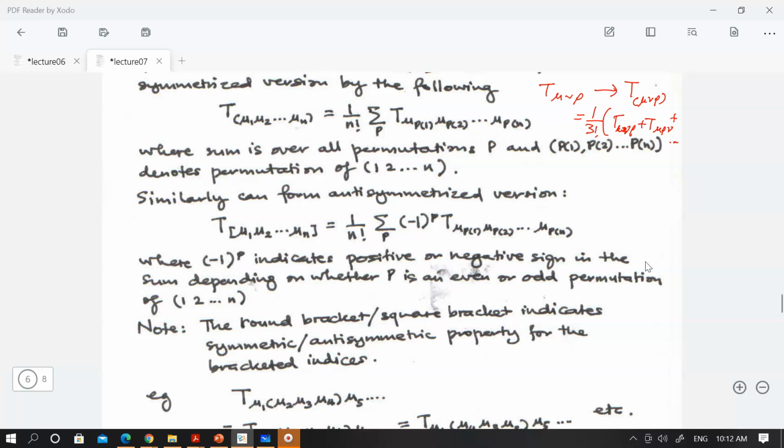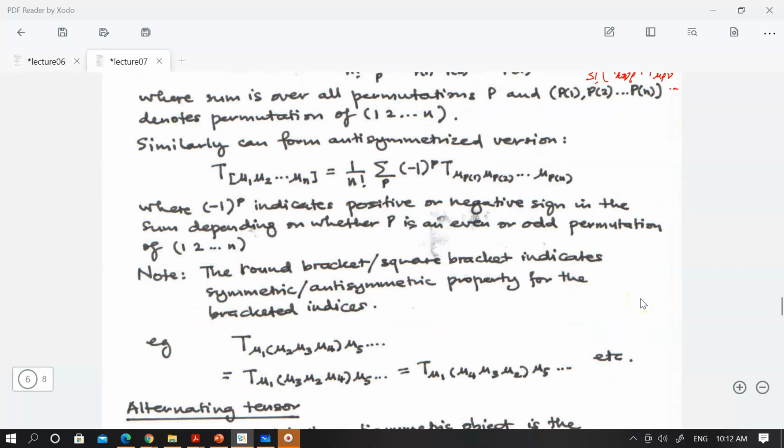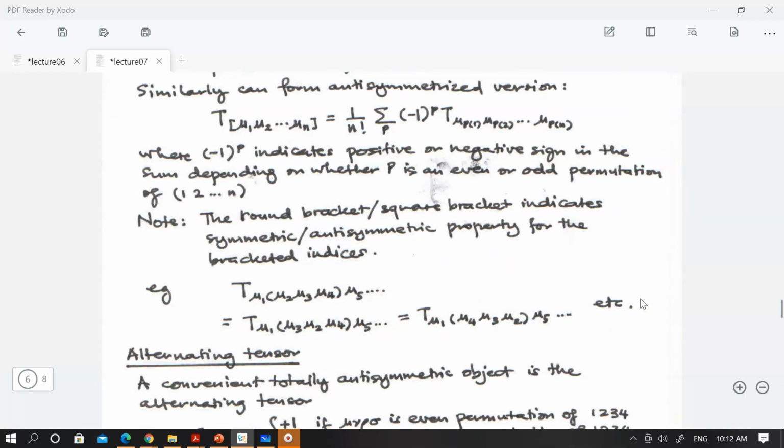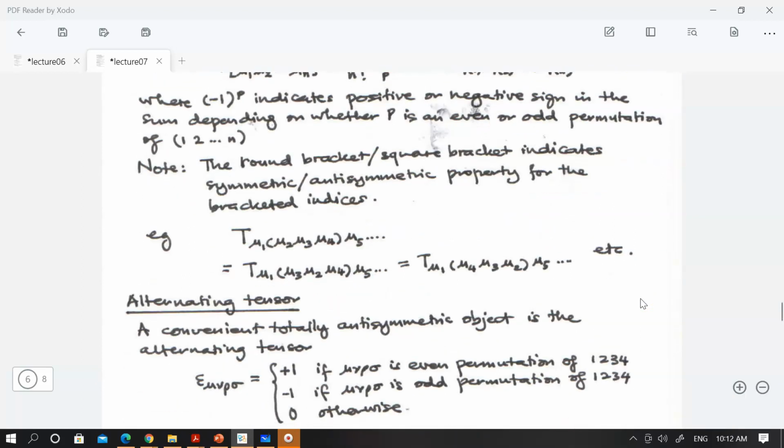This operation sometimes is useful to define certain things in relativity, mostly general relativity, but again, this is a simple exercise that one can actually do. So sometimes, okay, you'll find odd things like this.